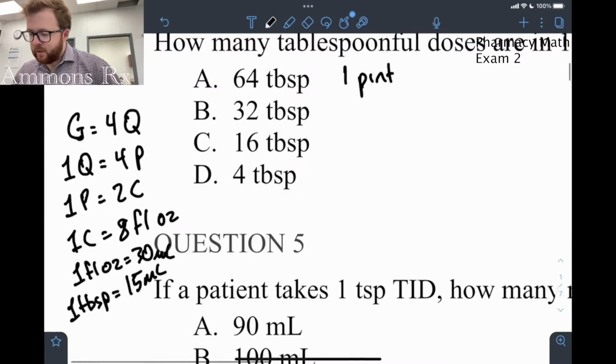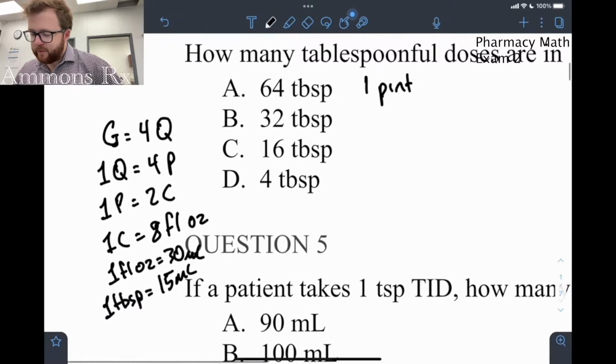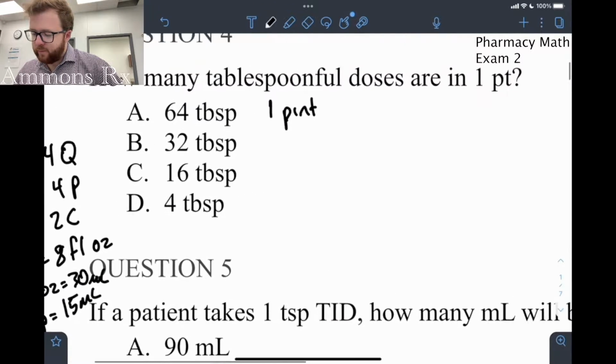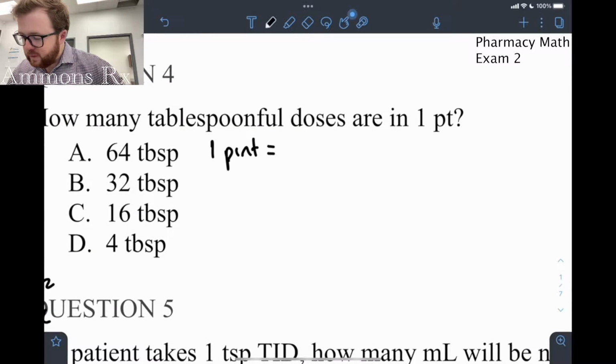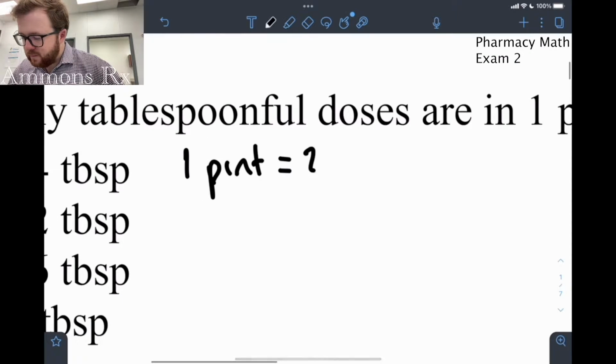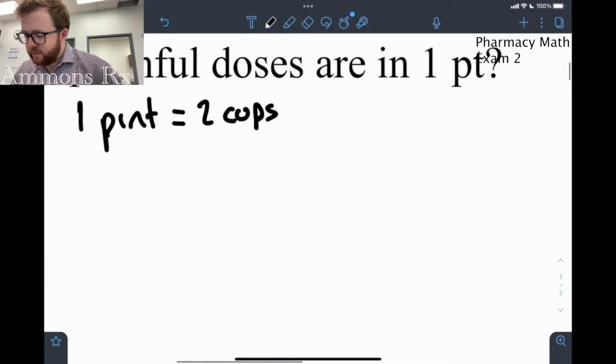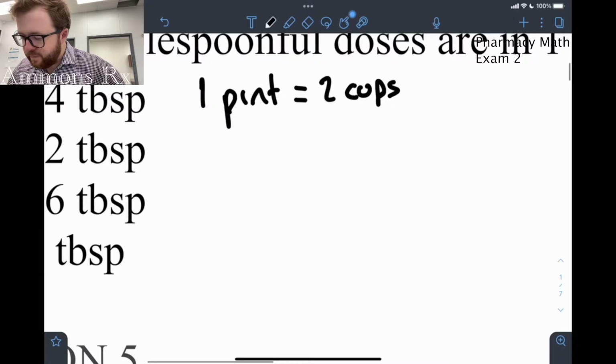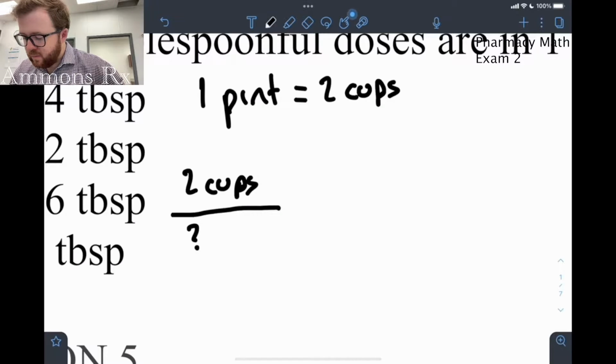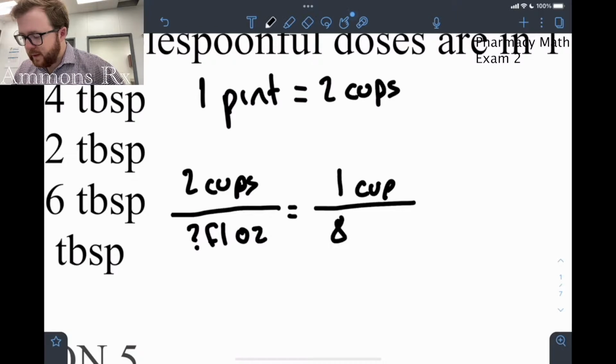All right, so we basically have to work our way backwards. We have 1 pint, which is equal to 2 cups. Our conversion between cups is 1 cup is equal to 8 fluid ounces.